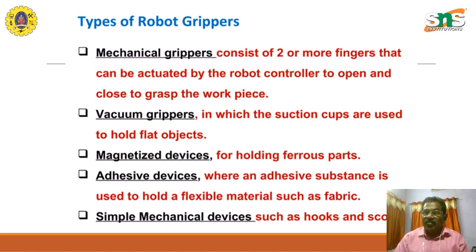This is being used for lifting sheets of glass in a glass factory, or even in an automobile factory, the assembly of the front dashboard glass. Magnetized devices for holding ferrous parts, adhesive devices where an adhesive substance is used to hold flexible materials such as fabric, etc., or simple mechanical devices such as hooks. You can use it here.